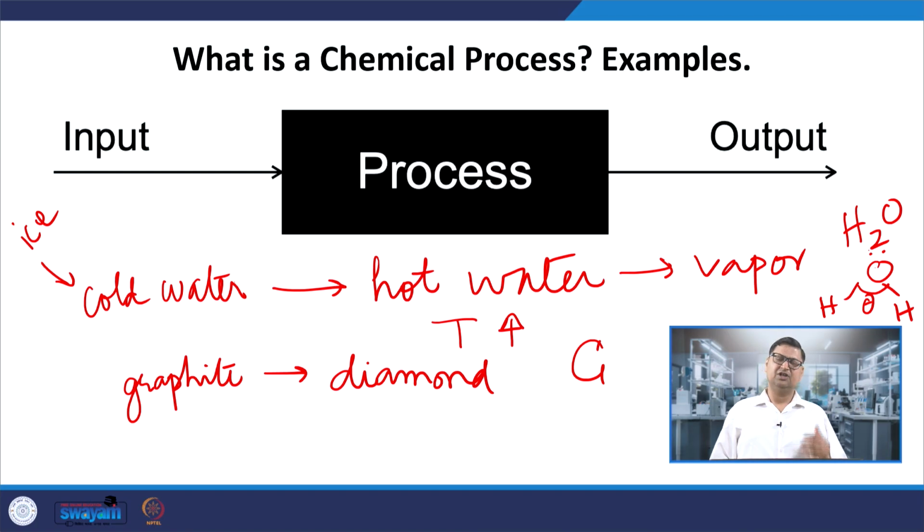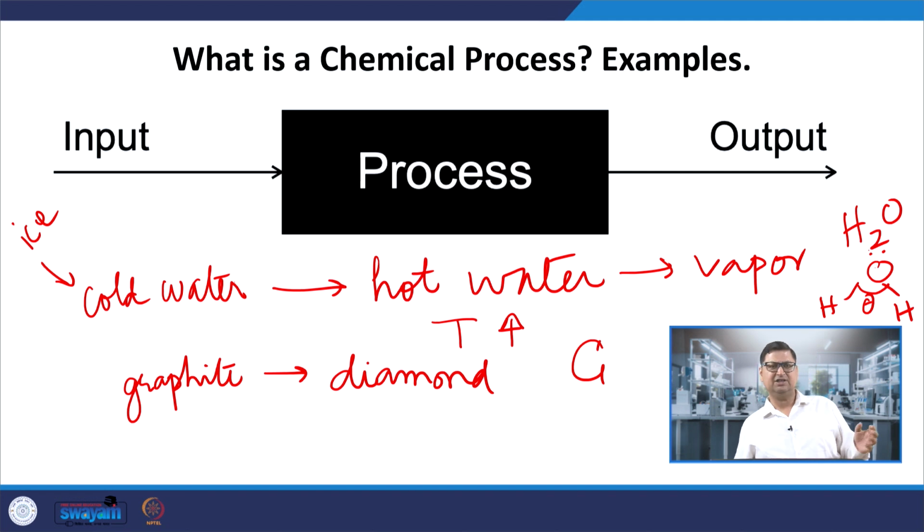So, if there is a change in temperature, change in the form, right, and we can imagine change in other properties of the substance, as long as some change is happening, we call that a process, right. Some noticeable change that we can observe, some observable change, if it is happening, we call that a chemical process, right. So, you can imagine that there is an input to a process and there is an output.